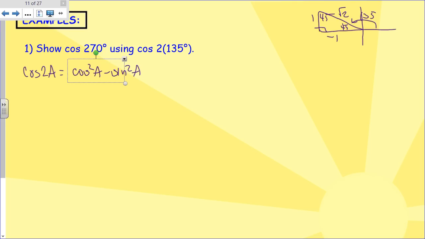A is 135 degrees. So looking at our right triangle, the cosine of A is adjacent over hypotenuse. So it's negative 1 over radical 2, which is negative radical 2 over 2. And then we have to square the whole thing.